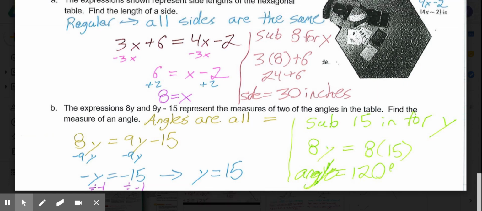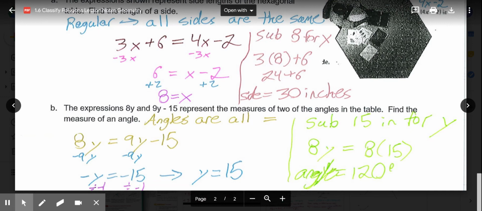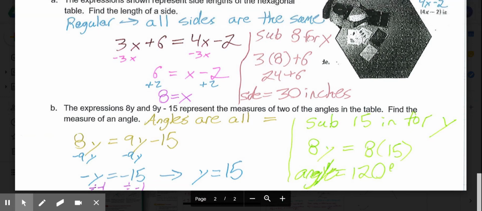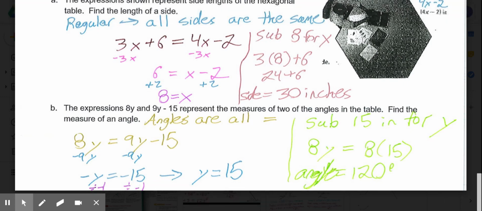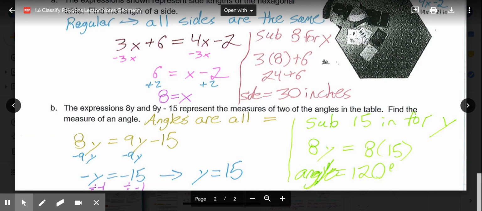Subtract the 9y from each side, and we have negative 1y equals negative 15. Divide both sides by negative 1, and y equals 15. Then we substitute the 15 in for y in either of those expressions. I chose 8 times y, so 8 times 15 tells me each interior angle is 120 degrees.